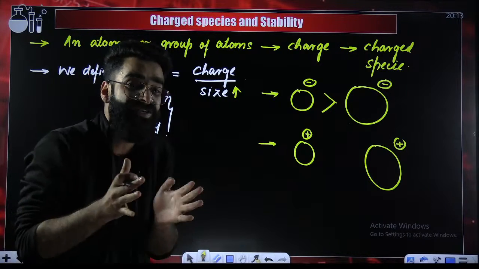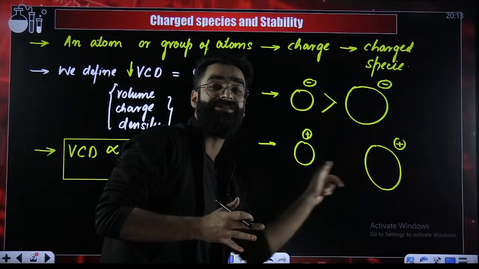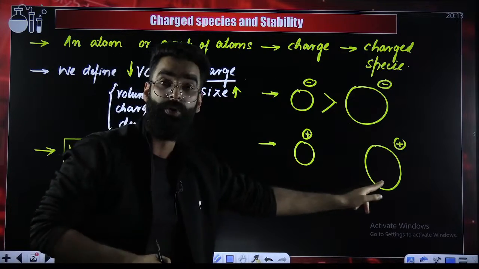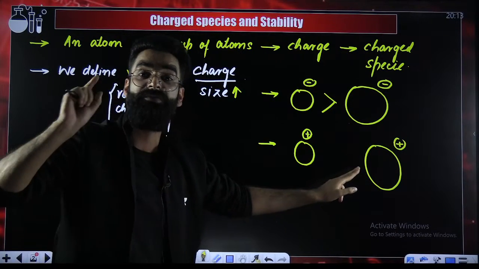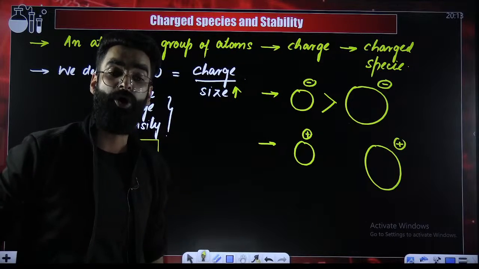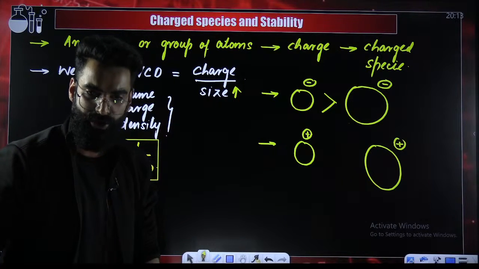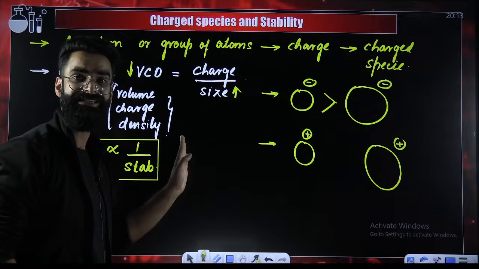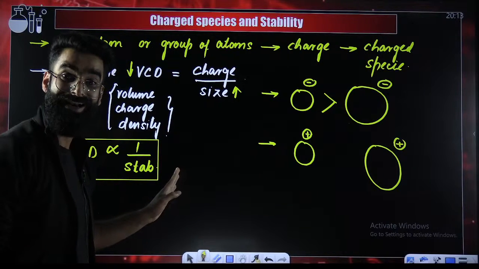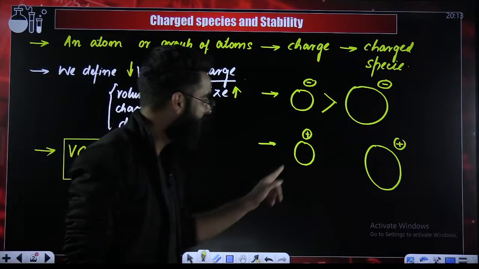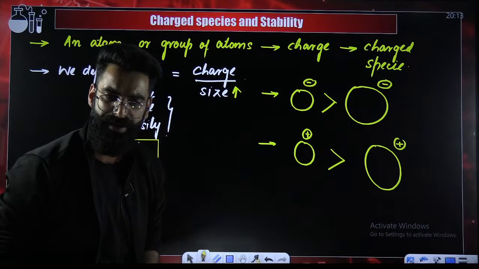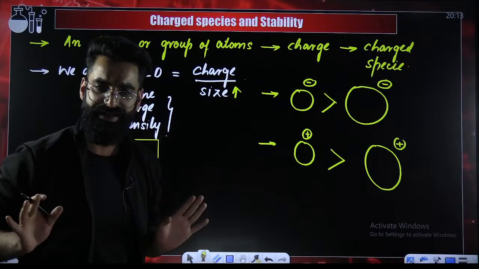Now, if I ask you to compare the VCD of these two, you are not going to compare it on the basis of charge. You will be comparing it on the basis of size. Lesser the size, more the VCD. Right? Perfect, people. I believe it's clear to everyone.